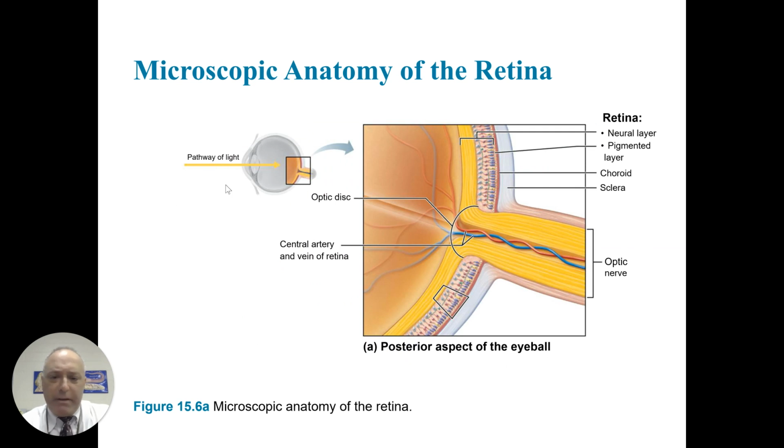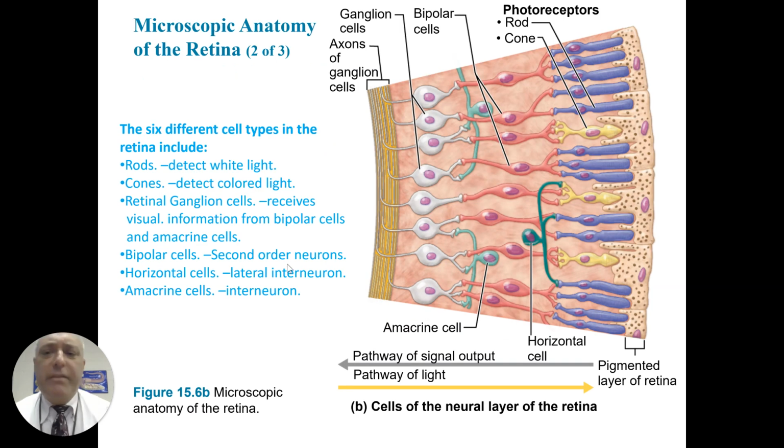So the path of light goes through the sclera, through the anterior chamber, into the lens, and then into the vitreous humor. The light then shines on the retina in the back of the eyeball, and in the retina are a number of cells.